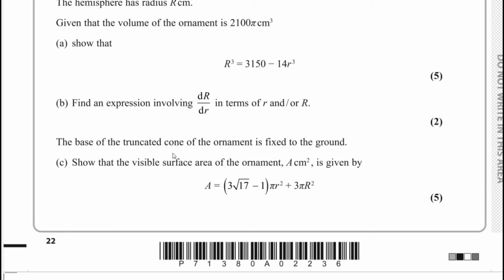The base of the truncated cone of the ornament is fixed to the ground. We have to show that the visible surface area of the ornament, in centimeters squared, is given by A equals 3 root 17 subtract 1, all multiplied by pi r squared plus 3 pi big R squared.